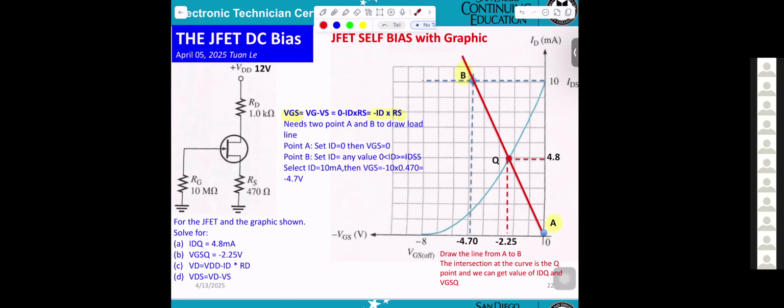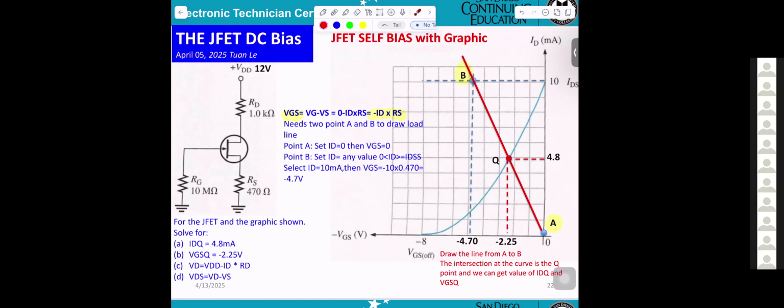They gave you the curve. You need 2 points. Then you can draw the line. Intercept the curve at the Q point. You go to the right, you get ID. You go down, you get VGS. That is the way to solve it for the self bias.